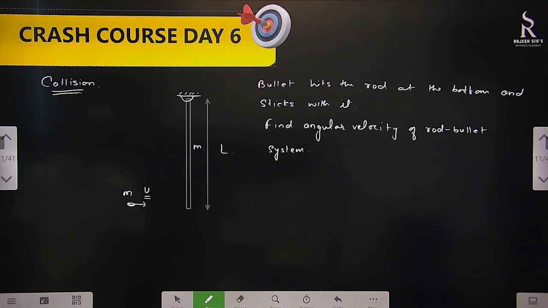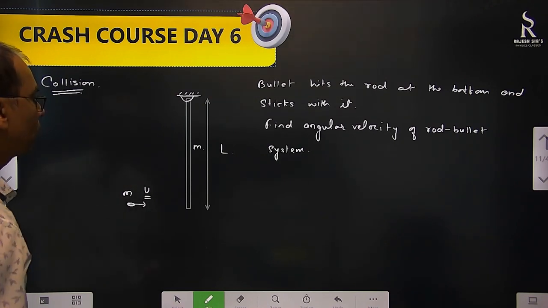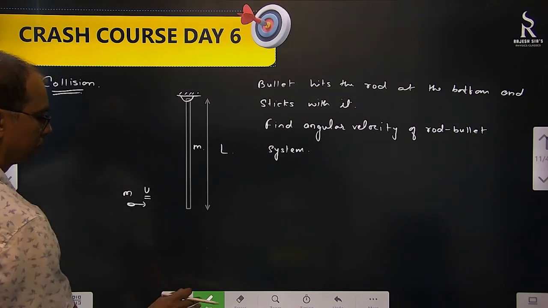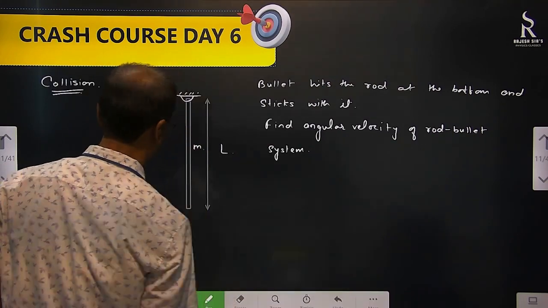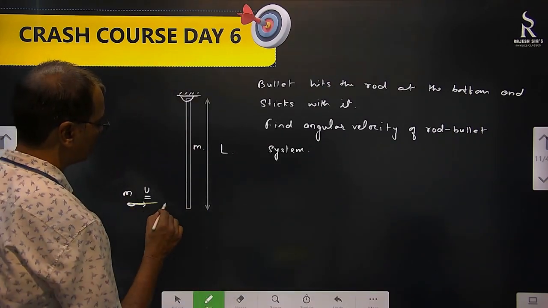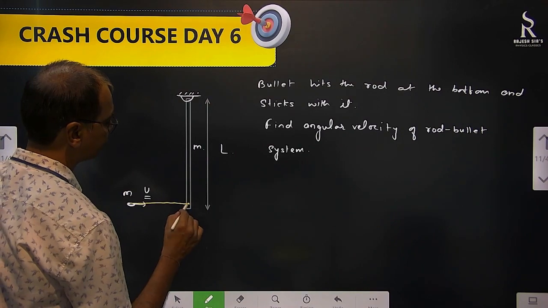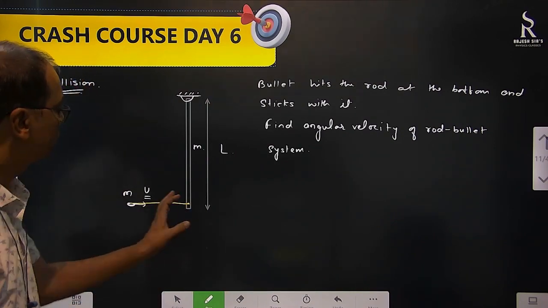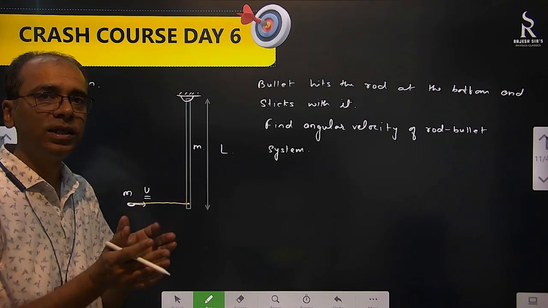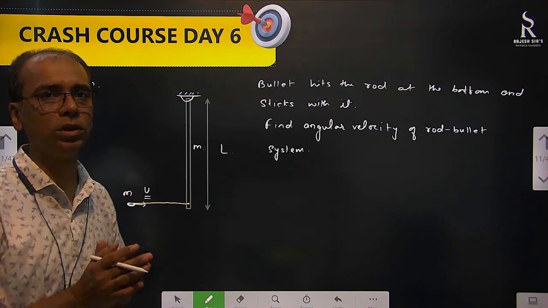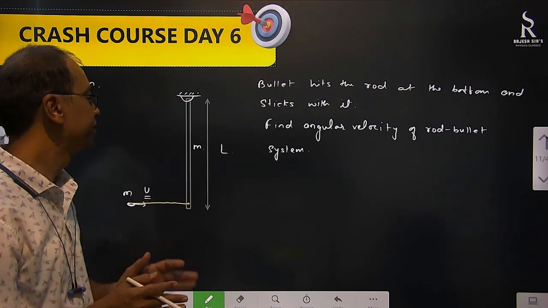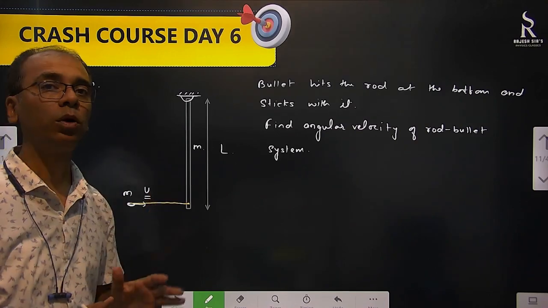Okay, so what can you do here? This goes and hits it, so there is a collision happening, and this sticks with the rod. So if I see just before collision and just after collision, first we have to decide what we are saying as a system.